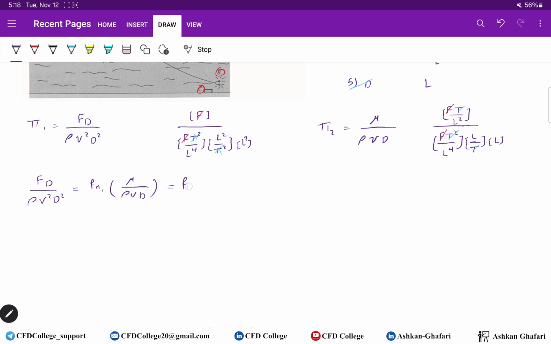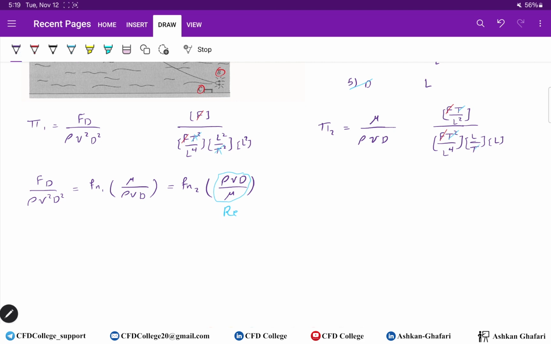So it's equal to, for example, f of rho v d over mu. Why we do this? Because it is a well-known dimensionless number named Reynolds number.